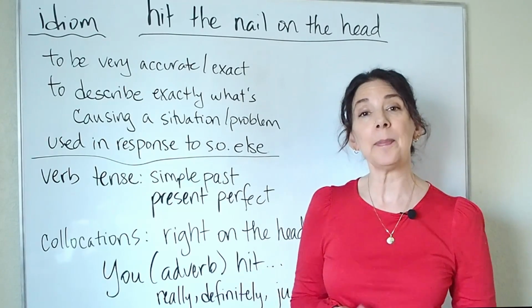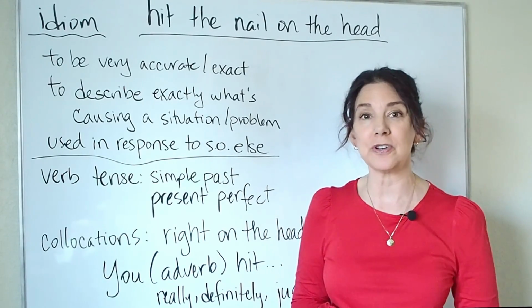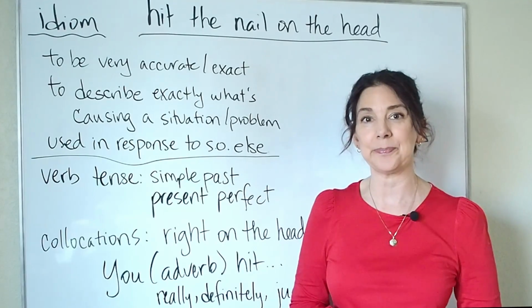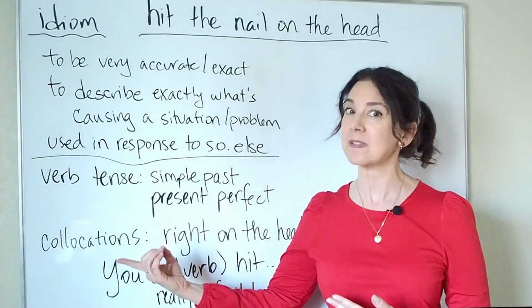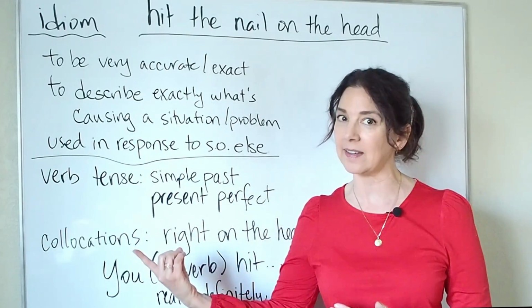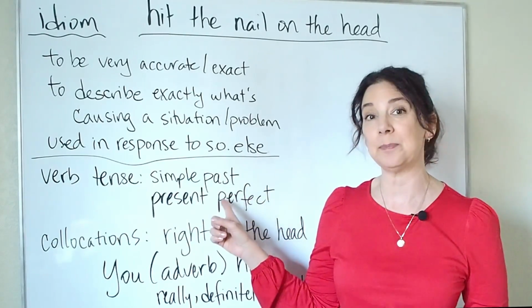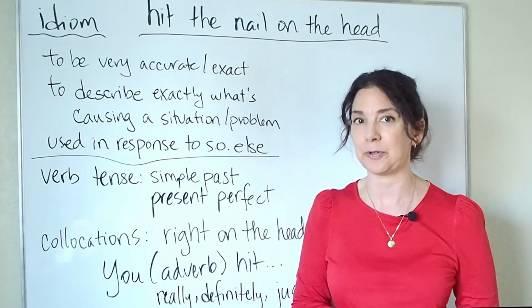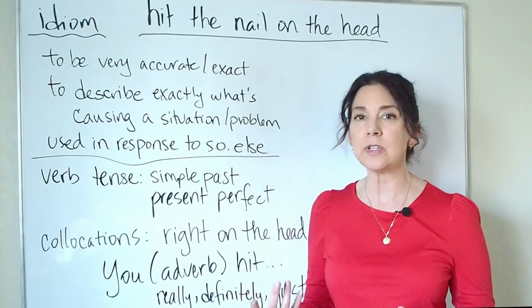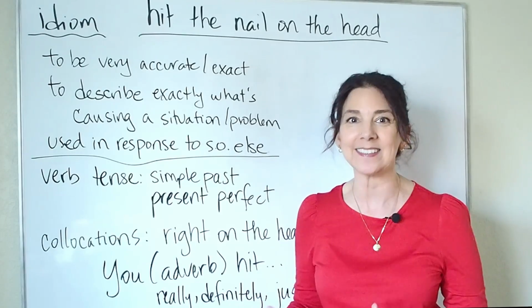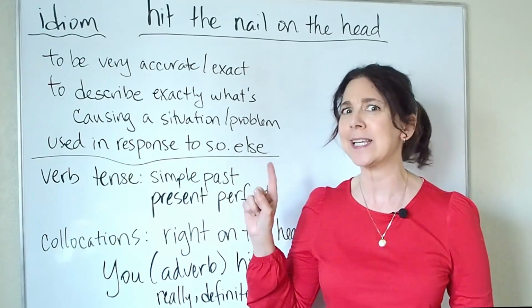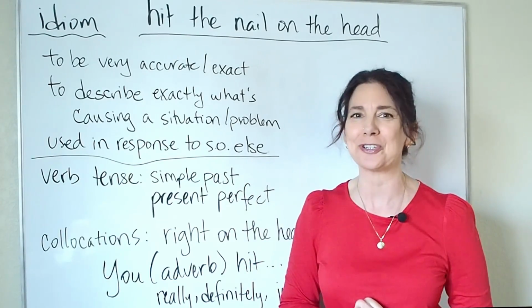Now, there are a couple of other important things that you should know about how to use this idiom. First of all, because we use it in response to what someone else has just said, we're usually going to use simple past or present perfect. Okay, we don't use present continuous. We don't say, you are hitting the nail on the head, or you are going to hit the nail on the head in the future.